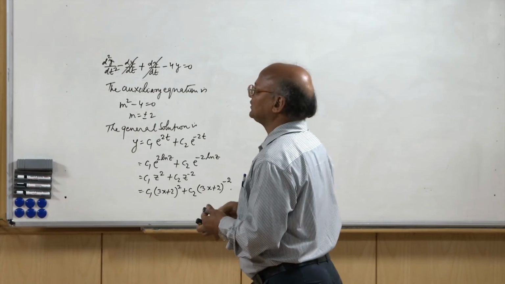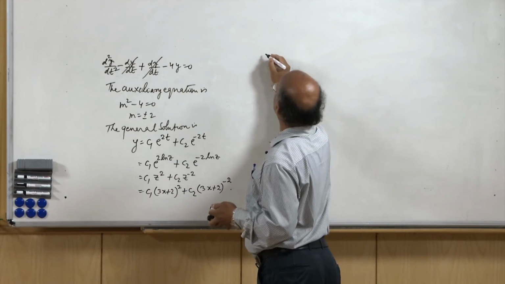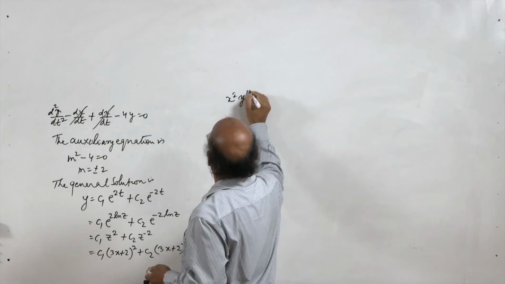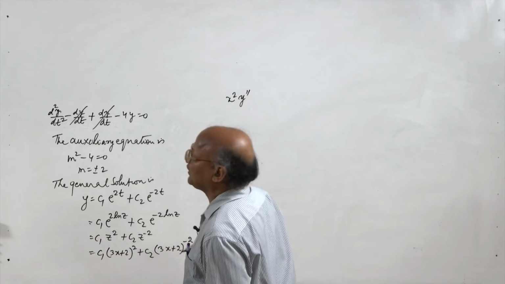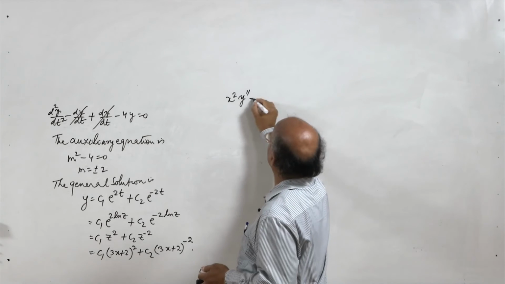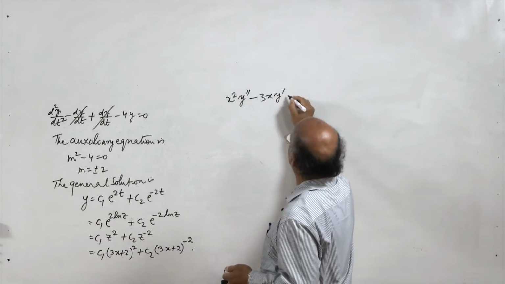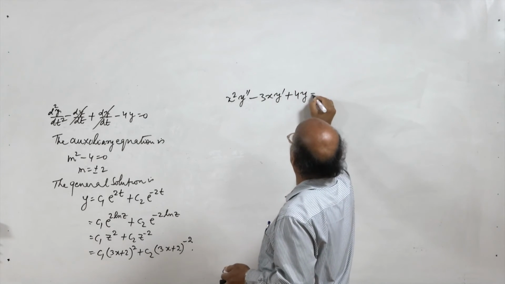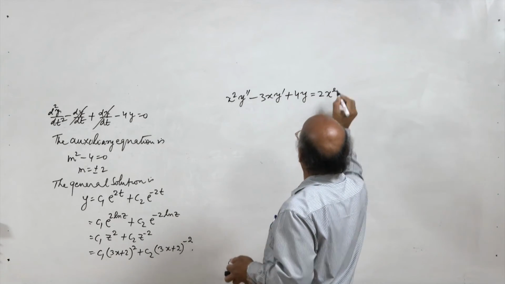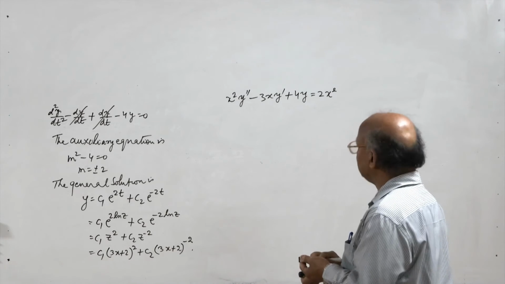So, what we will do is, let us consider x² y'' − 3x y' + 4y = 2x². Now, we have to remember one thing here.